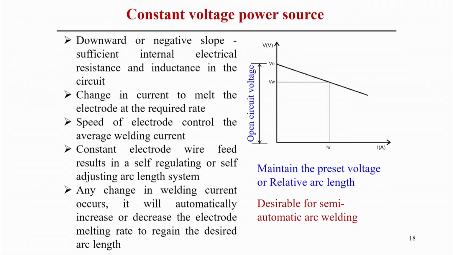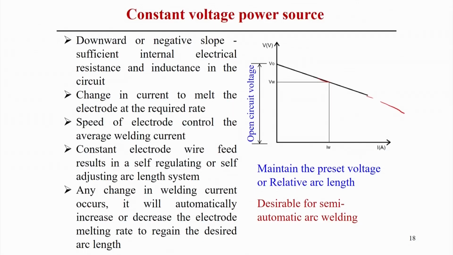If you see from the figure, voltage and current follow an almost linear, or almost flat, characteristic of the power source. This type of power source is characterized by sufficient internal electrical resistance and inductance in the circuit, so that with a small change in the current, it tries to maintain an almost constant voltage by changing the current.